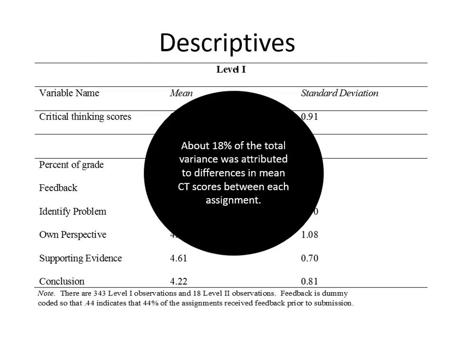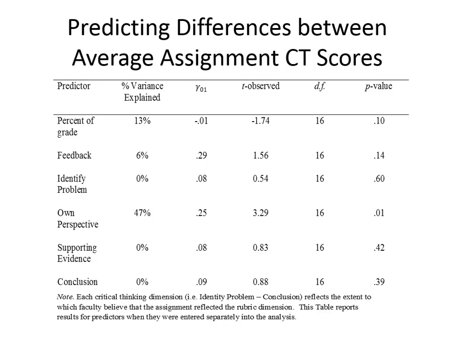So the next question that we pose is, well, can we predict that? And I ran various models looking at different interaction terms, controlling for grade point average at level 1. But what I found, consistently across these various models, was that the student's own perspective seemed to be a strong predictor of that.